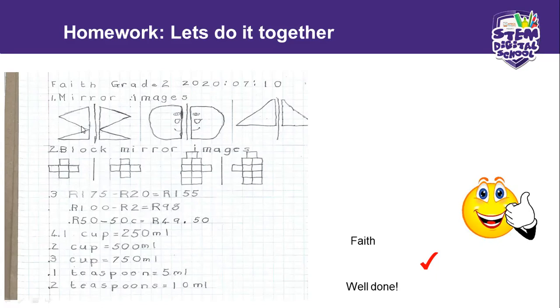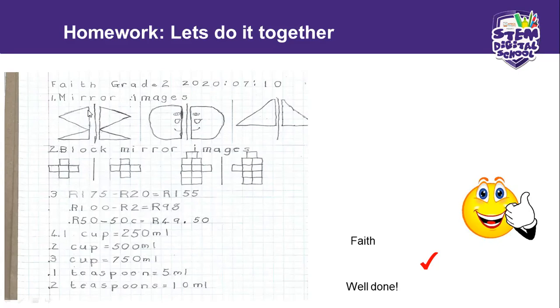So she has put 3 images there, okay? And then remember, when you draw your image, you must draw your line of symmetry. But what I want to correct for all of us here is that the images do not have to be apart.